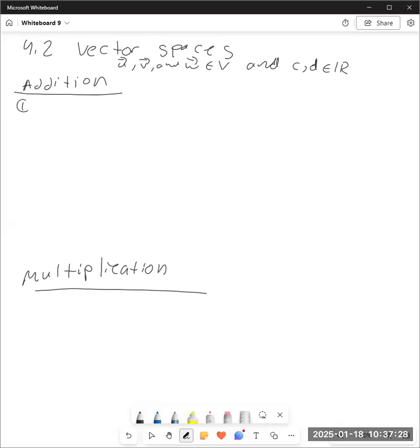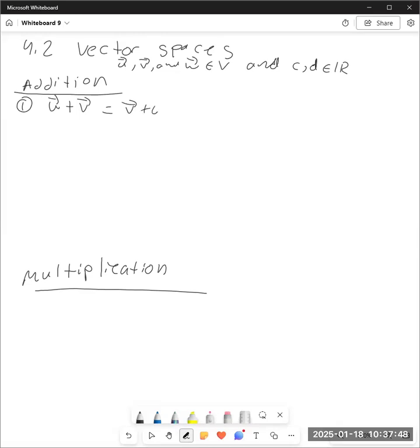But number one is that when I add vectors u plus v that are in proposed vector space capital V, the order of addition does not matter.